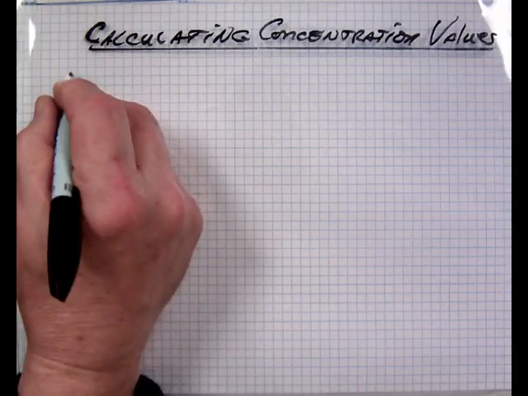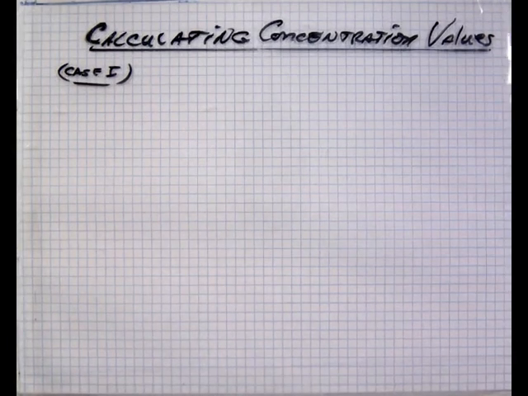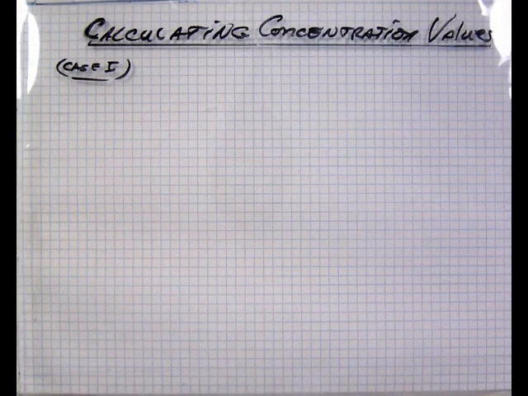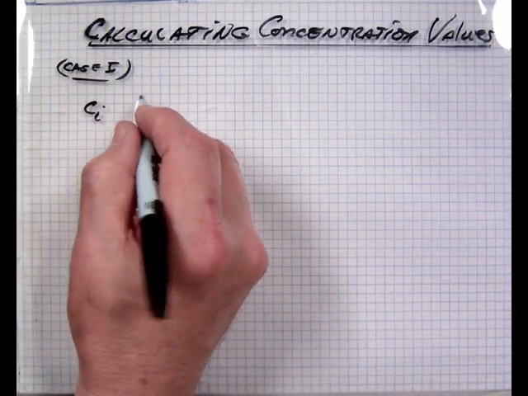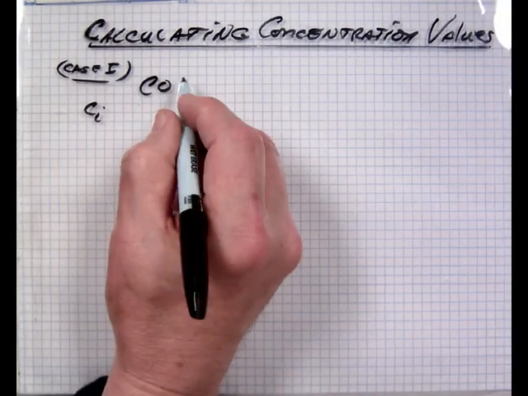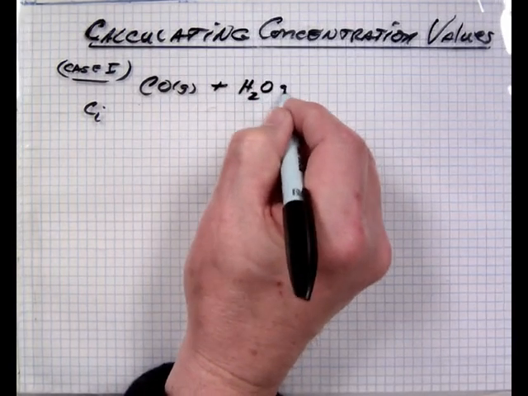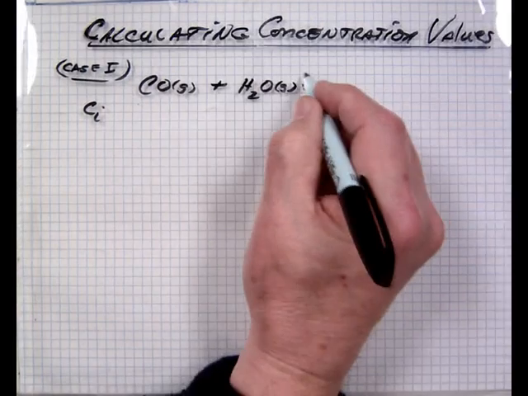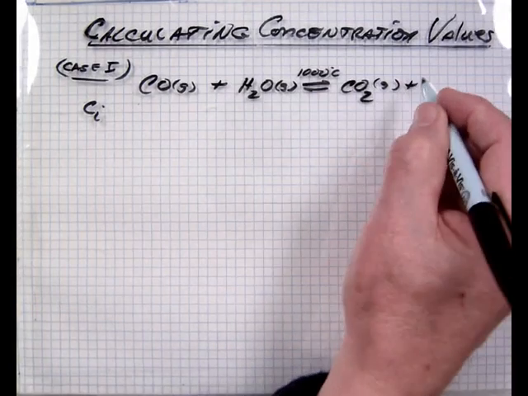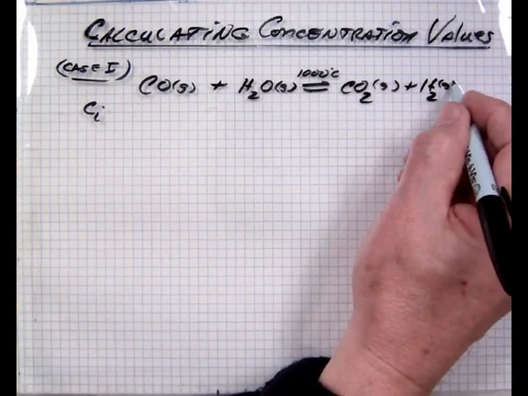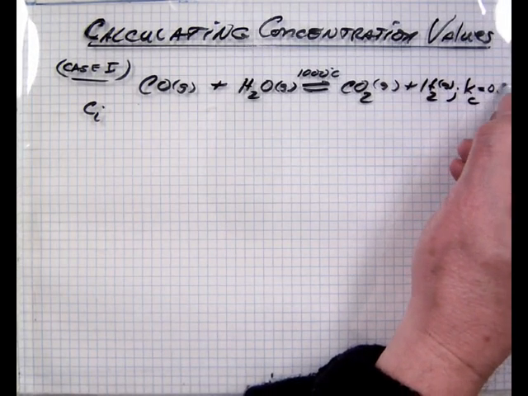Okay, in case 1, the reaction initially: carbon monoxide gas plus H2O gas at 1,000 degrees C goes to CO2 gas plus H2 gas, and Kc equals 0.58.